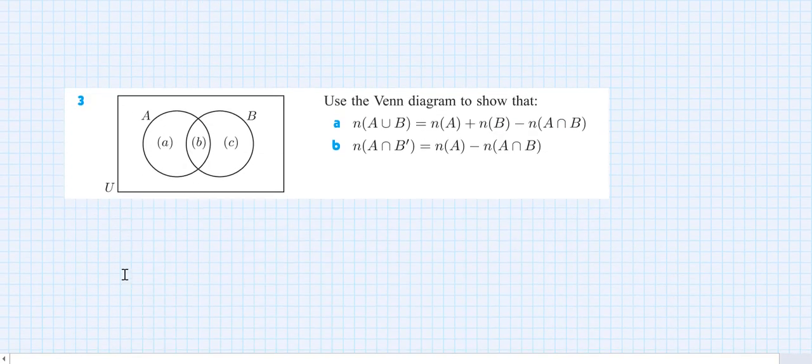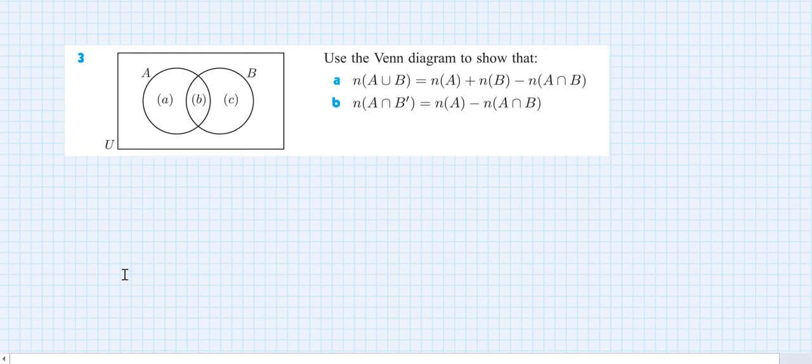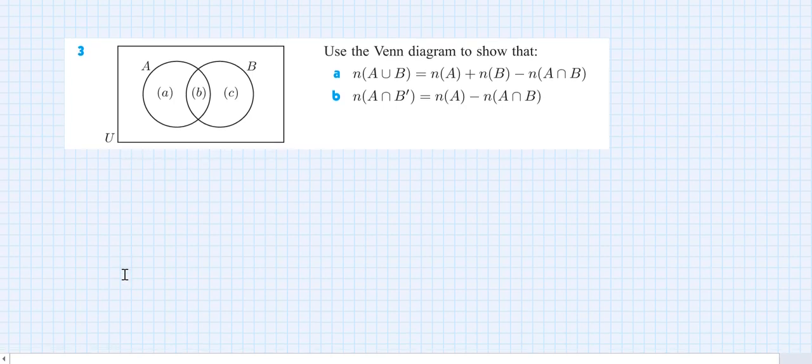The next problem here is about the showing. Instead of numbers, we have letters here. Again, the idea is the same. A union B. Let's try to check these numbers. A union B, as we have said in the previous problem, what do we need to do?